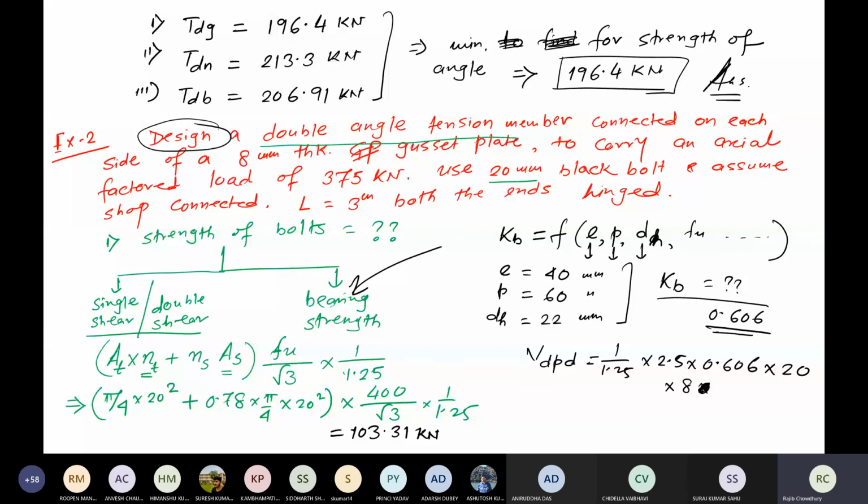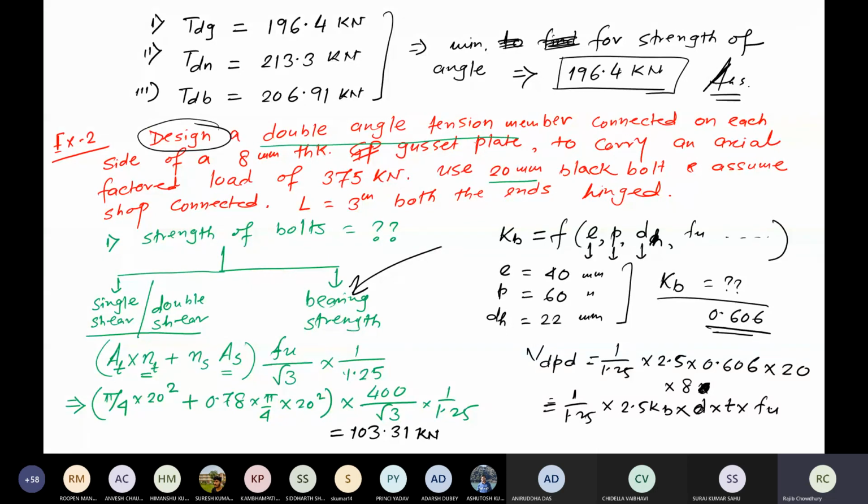So how much is the formula for the bearing? Okay, now I think I could recollect. It would be 1 by 1.25 times KB times DT times FU.